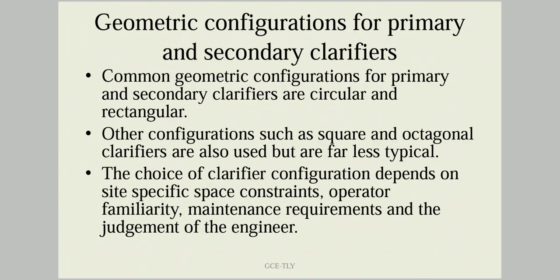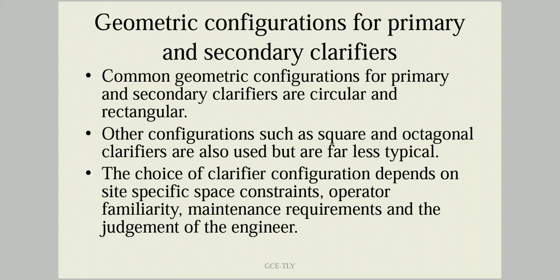Based on geometrical configurations, the common configurations for the primary and secondary clarifiers, as we all know, may be either circular or rectangular. Other configurations such as square and octagonal clarifiers are also used, but they are less typical.